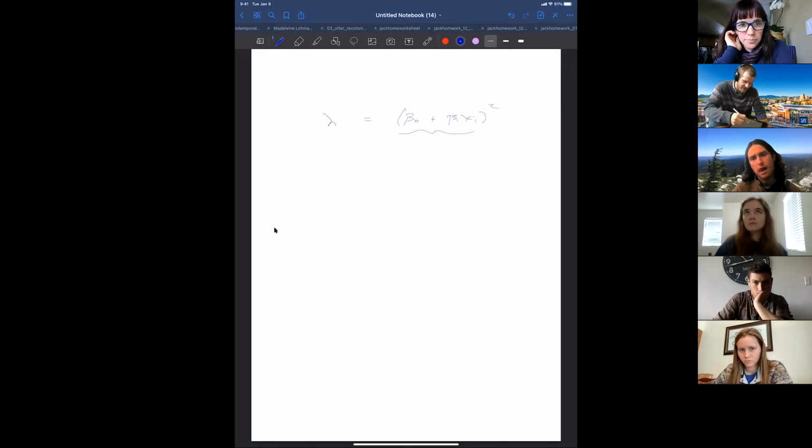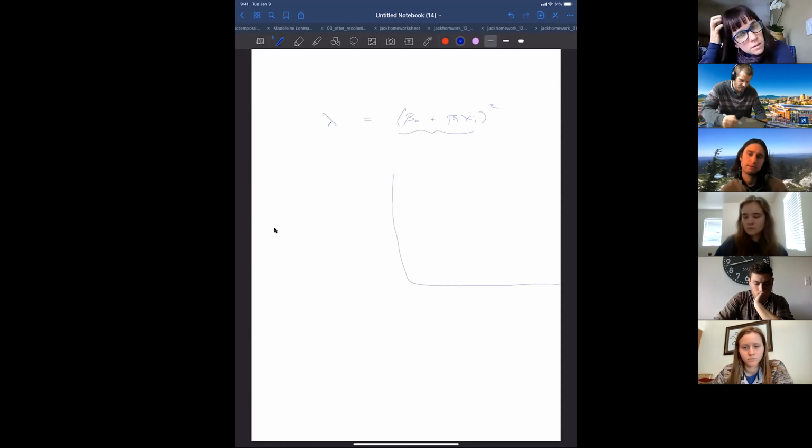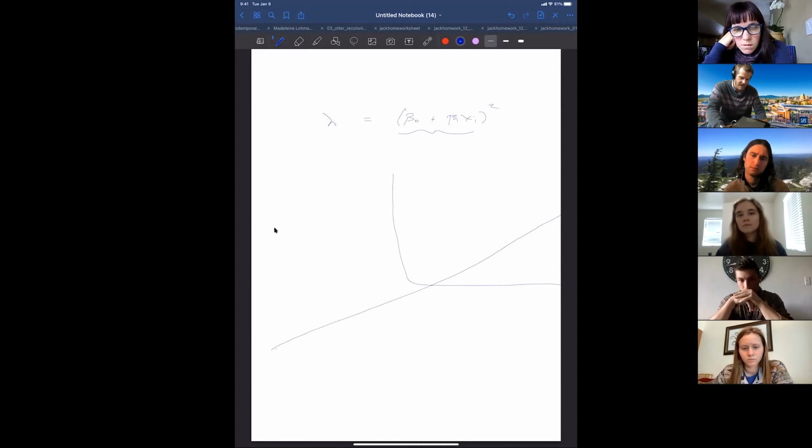Ah, okay, I know what the issue with that is. So you have beta 0 plus beta 1 x, and it looks like this, let's say. Now, when we square it, what happens to our lambda? And this is lambda.